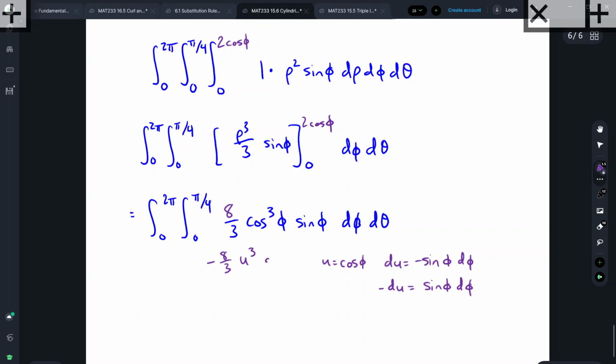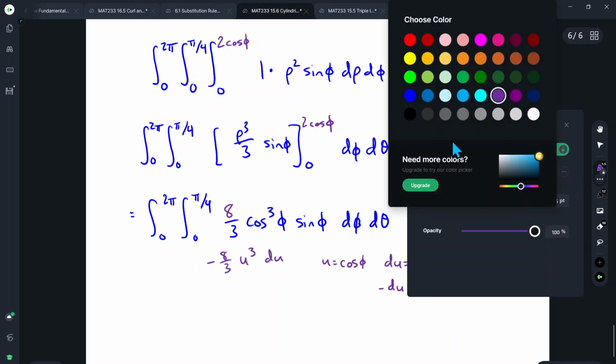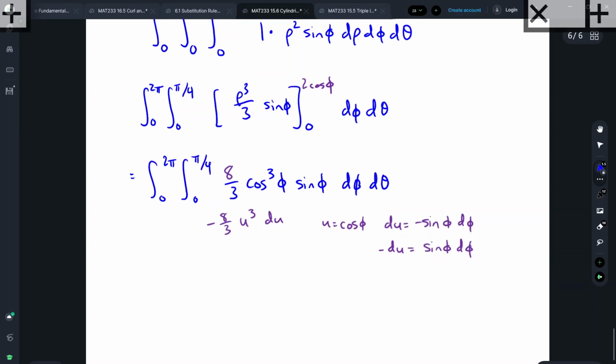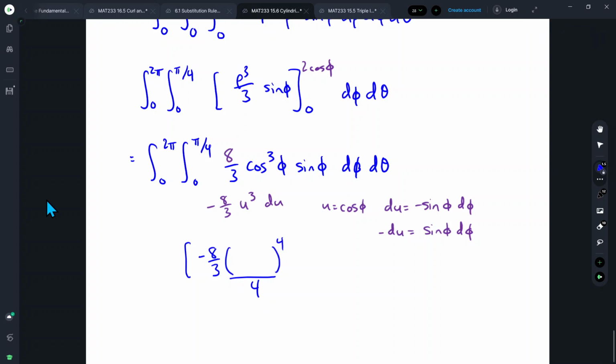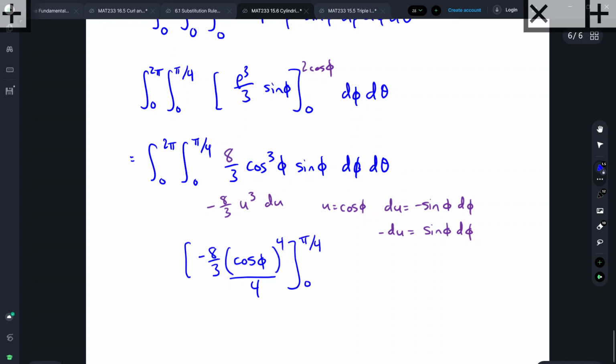The u substitution turns this into a power, so the negative 8/3 stays the same, and the antiderivative raises to the 4th over 4. Let's just do the u substitution all at once: I plug the u back in, so cosine phi, evaluated from 0 to pi over 4.